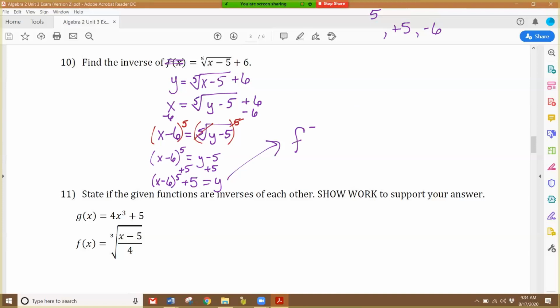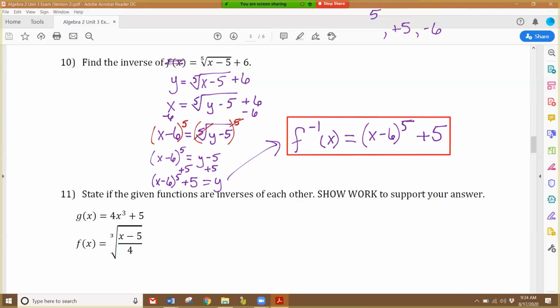F inverse of x equals, and we had x minus 6 to the 5th power plus 5. And then again, I'm just double checking to make sure I've got those same three things I said I would have, and I do. So I have the 5th power, the plus 5, and the minus 6. Questions on this one? It is again worth 3 points.